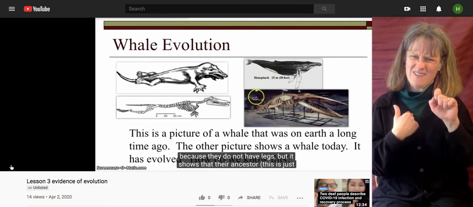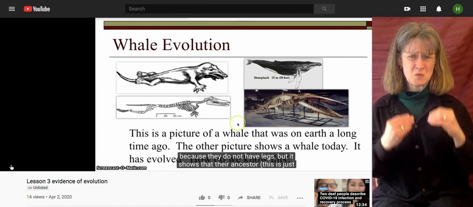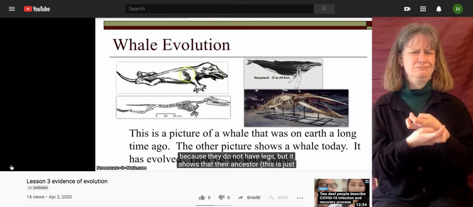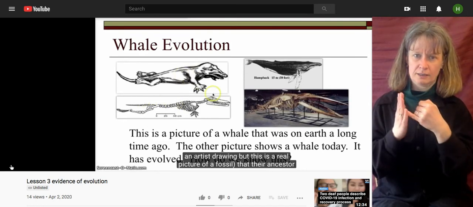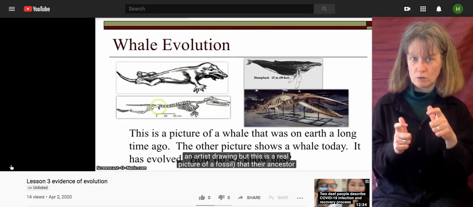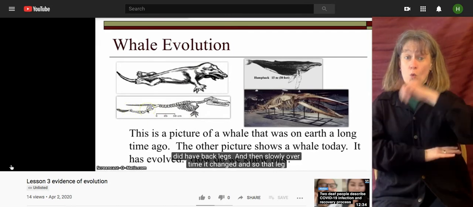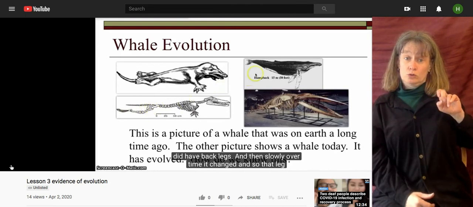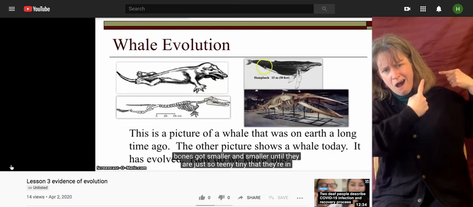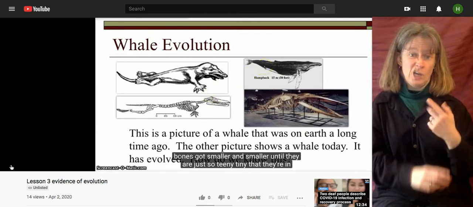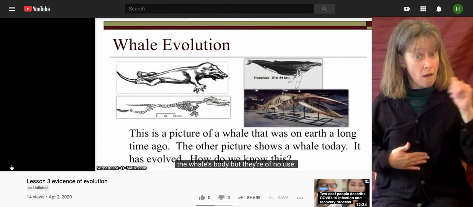It's so strange because they do not have legs, but it shows that their ancestor, this is just an artist's drawing, but this is a real picture of a fossil, that their ancestor did have back legs, and then slowly over time it changed, so that the leg bones got smaller and smaller until they are just so teeny tiny that they're in the whale's body, but they're of no use.